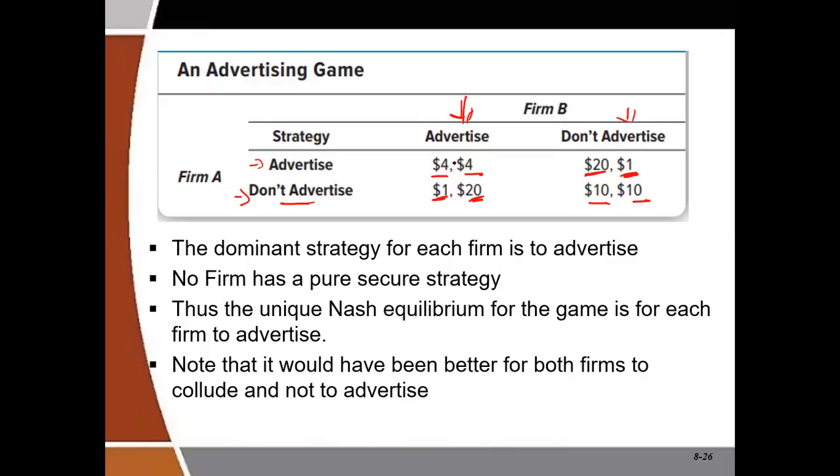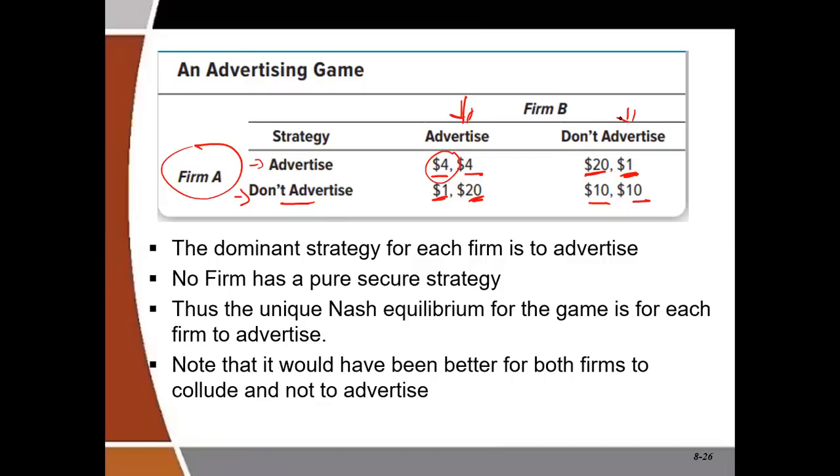Now let's look at the dominant strategy. The dominant strategy is the strategy that will yield the highest payoff no matter what the opponent will play. So let's say we are firm A. Let's assume firm B plays advertise. The best response for firm A is to play advertise because 4 million here is better than 1 million.